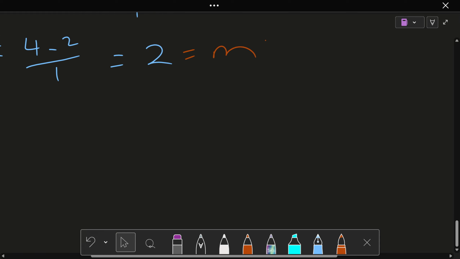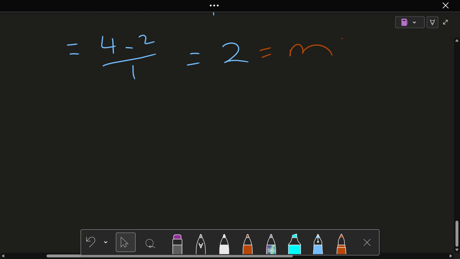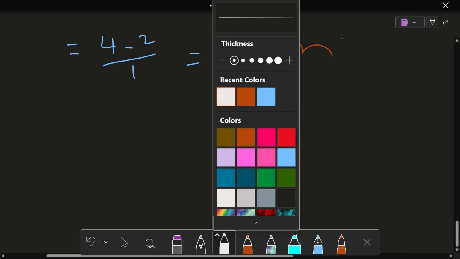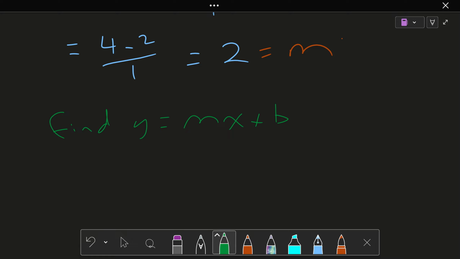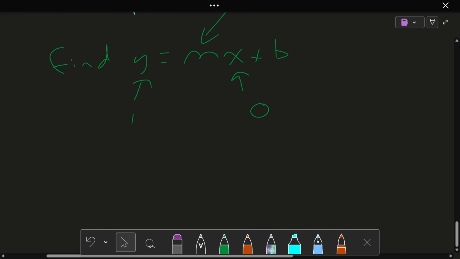Okay, so coming down here, I know my slope is 2. I know my x was 0, and I know my y was 1 from everything I found up above. So all I have to do here is very quickly just sub everything in.